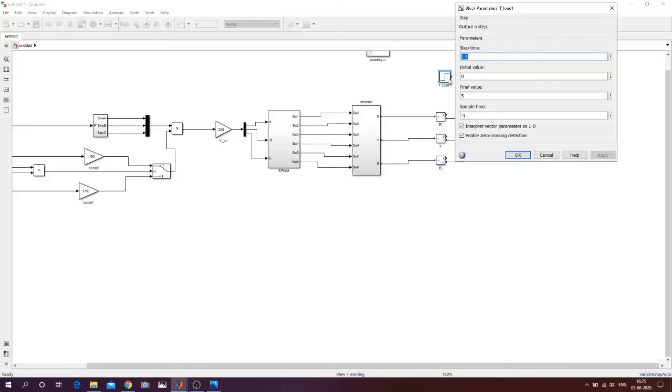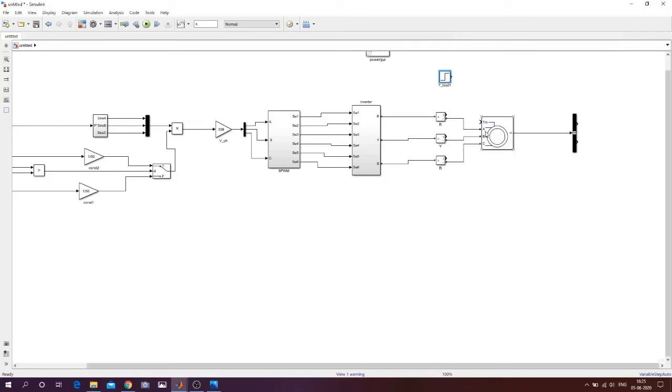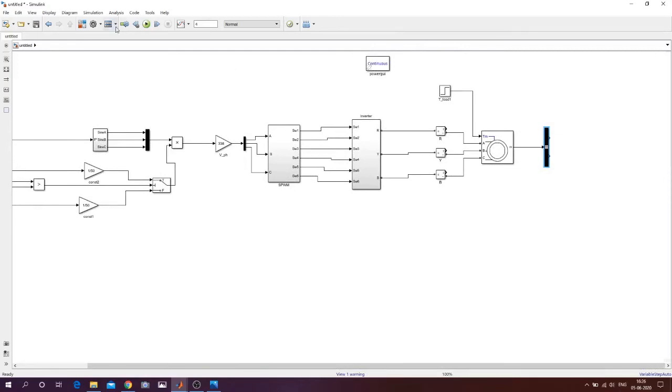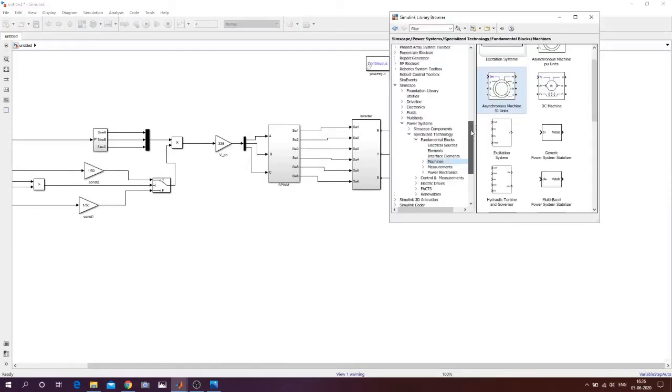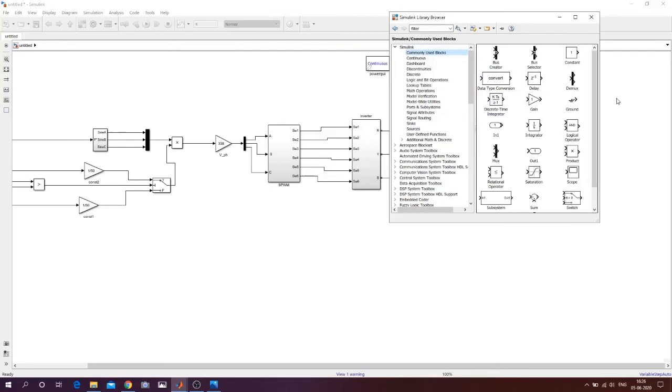Now for the torque, we will give an initial value of 0.00001, a very low torque. I will not give any extra torque for this program. Now what I require is a scope, which I get in the continuous block, this one.